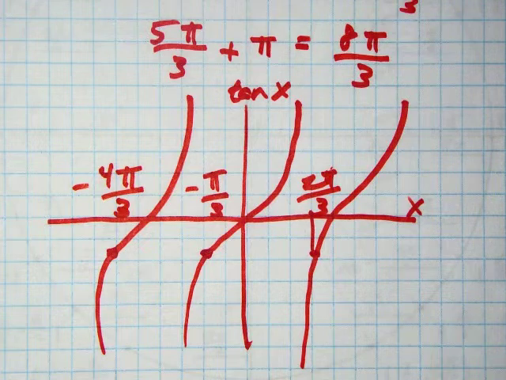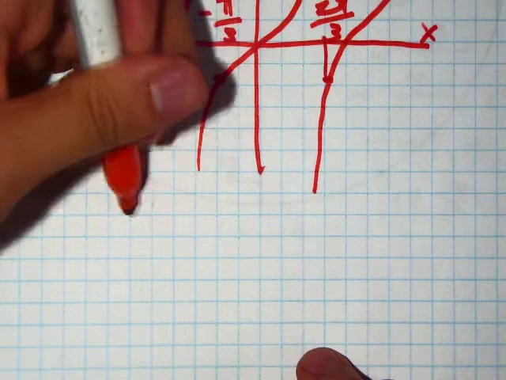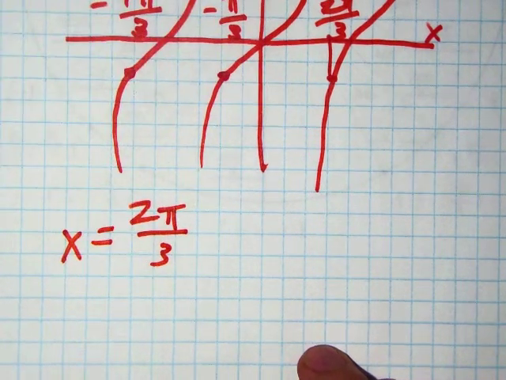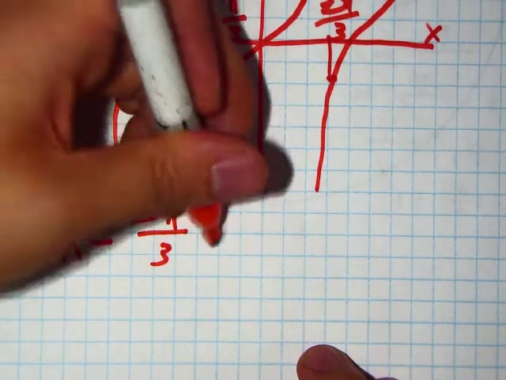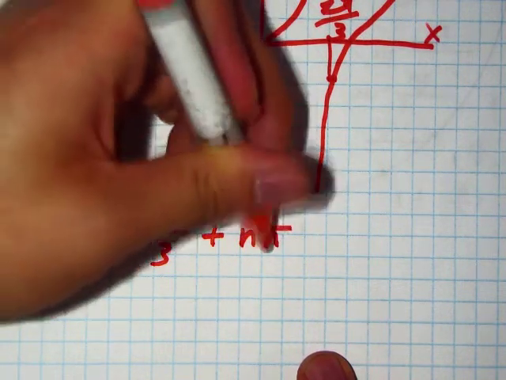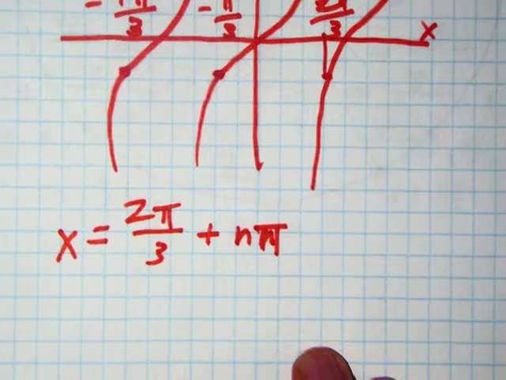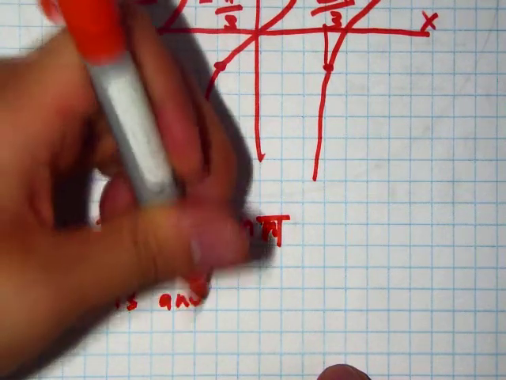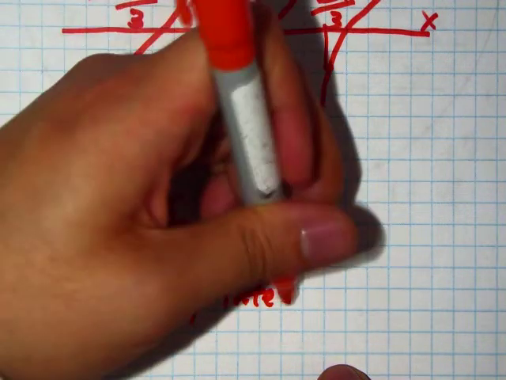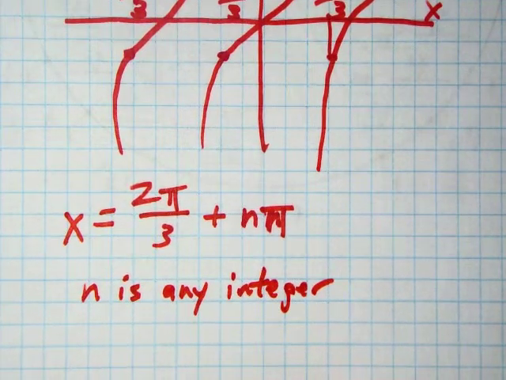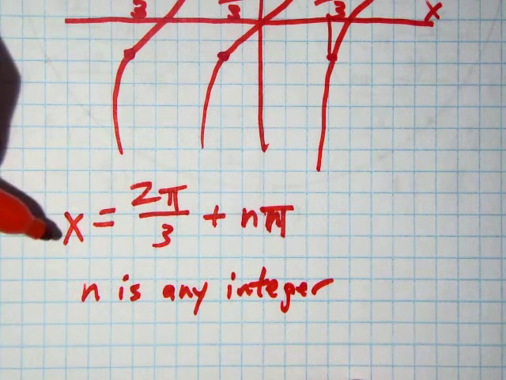The way you're going to write this answer is x equals 2 pi over 3 plus n pi, where n is any integer. This is how you must write your answer on a test.